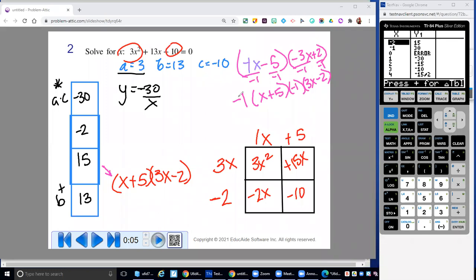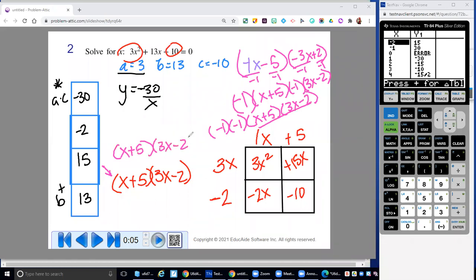Do y'all see that? And so I can rearrange all of these things because it doesn't matter what order we multiply things in. And I can actually pull the two negative ones up front and get my x plus 5 and my 3x minus 2. And we all know that negative 1 times negative 1 is positive 1. And so essentially it ends up being the same exact thing.